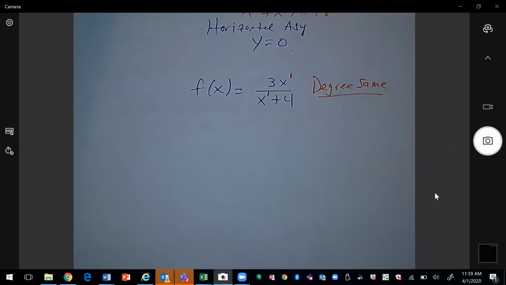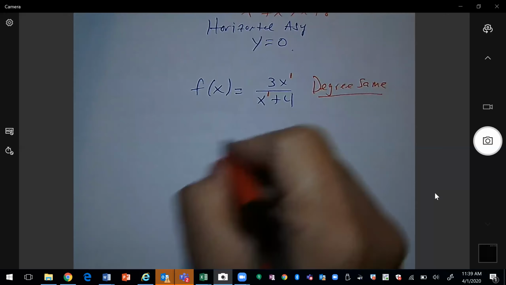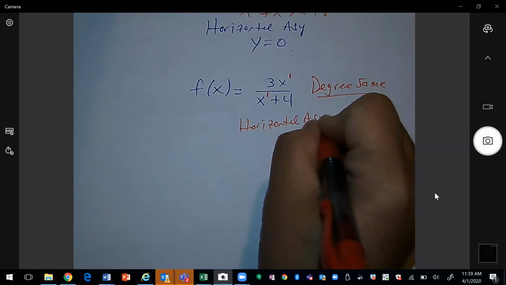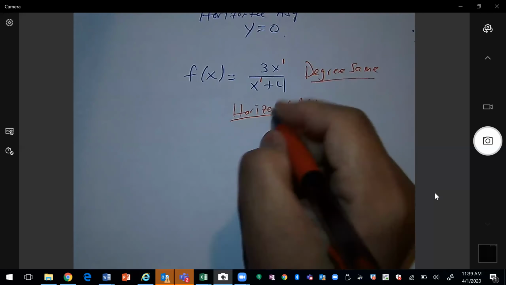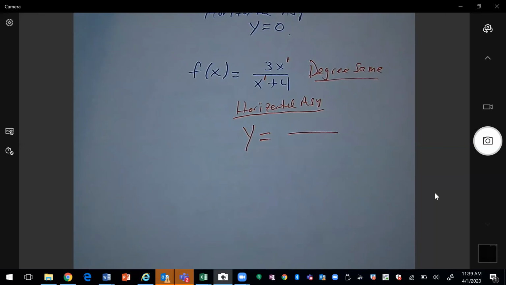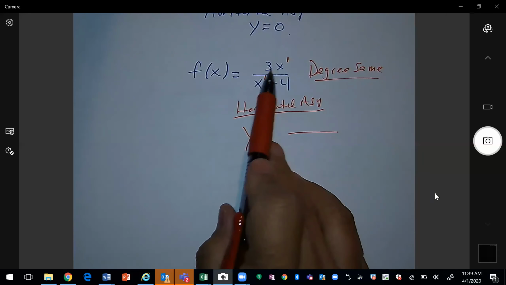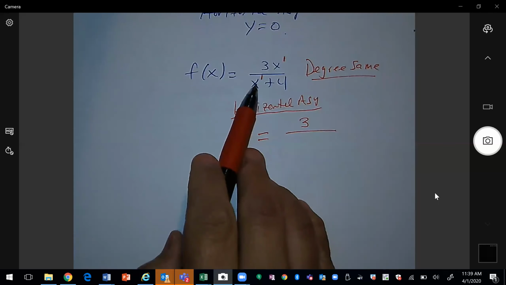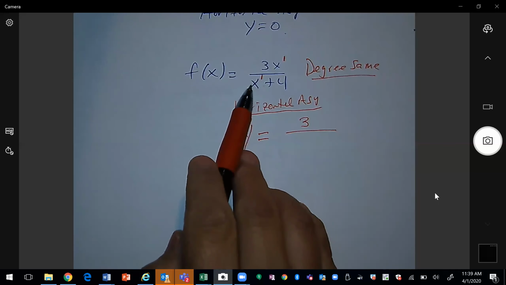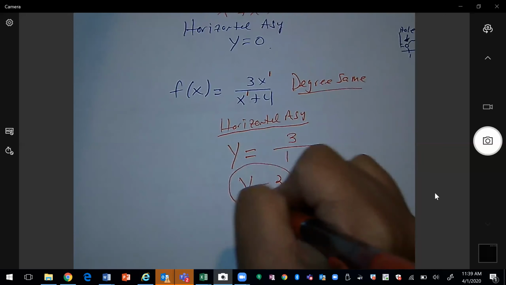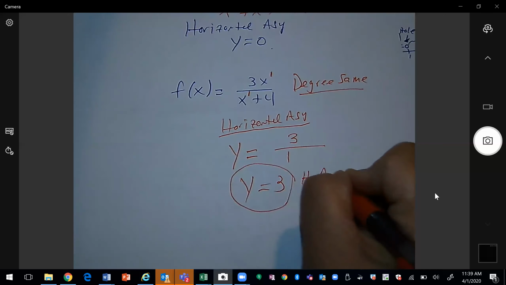If that happens, then to find your horizontal asymptote, we would do the following. y is going to be equal to the leading coefficient of the numerator, in this case 3, divided by the leading coefficient of the denominator, in this case 1. So y equals 3 would be your horizontal asymptote.